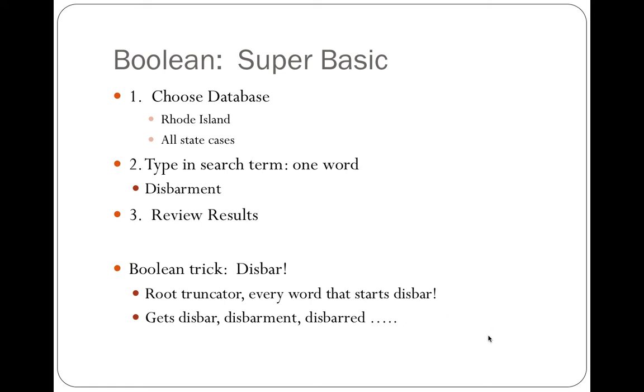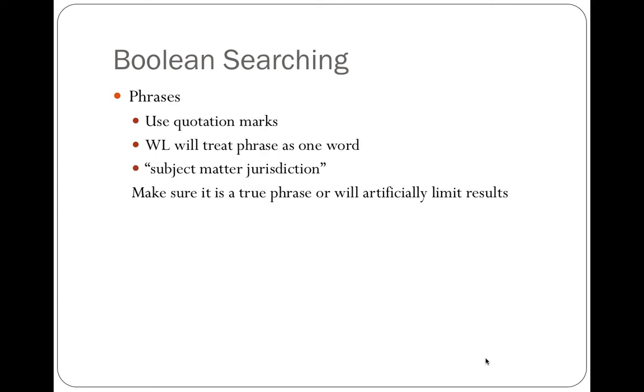It's really, really helpful when you're not sure how the writer would have used a particular word. Okay, remember for phrases, we're going to use quotes. So Westlaw will treat this phrase as one word. Make sure it is a true phrase. Otherwise, you won't get good search results.